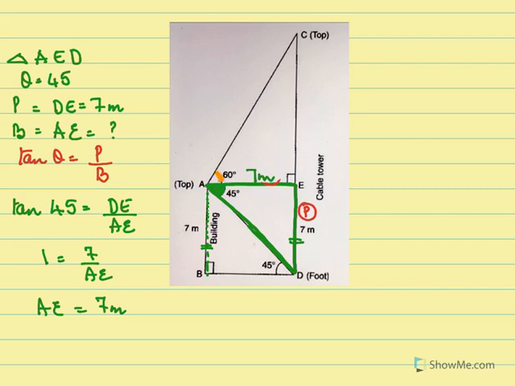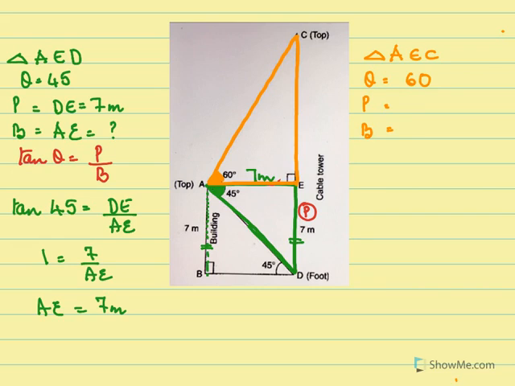The other triangle will be the one with 60. Now which triangle is at 60? Here, this triangle. So we have triangle AEC, where the theta is 60. Again, we have to know what is perpendicular, what is the base.